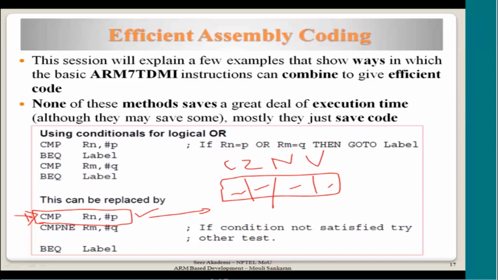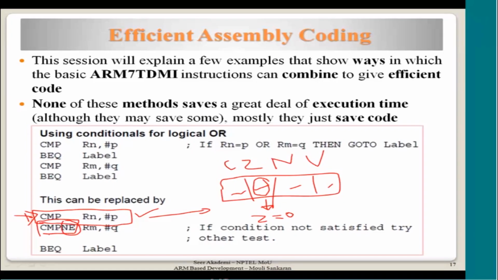Now compare NE. What does it mean? NE means not equal to. That means it is only bothered about this particular flag. Suppose if it is not equal, that means if the previous comparison that was performed was not equal, then the Z flag would have been what? 0. It would have been equal to 0. Then NE will be true.